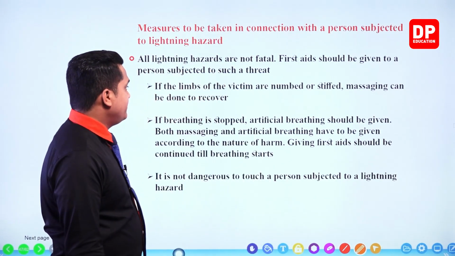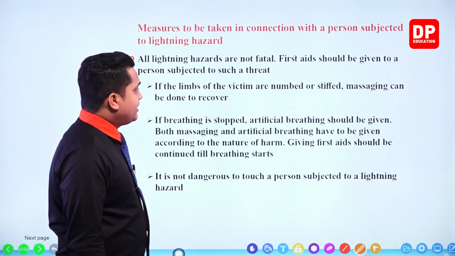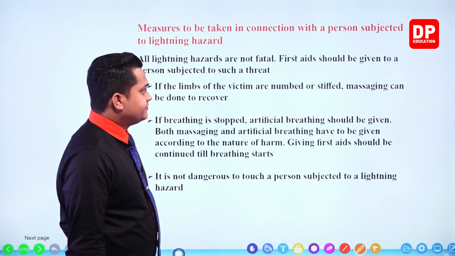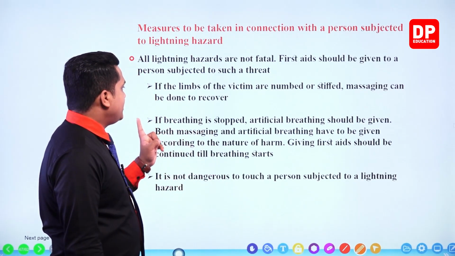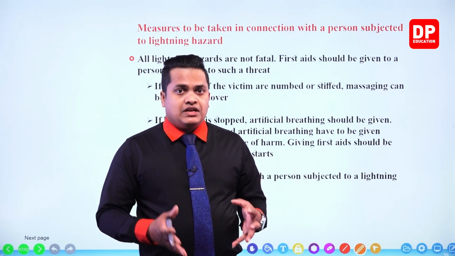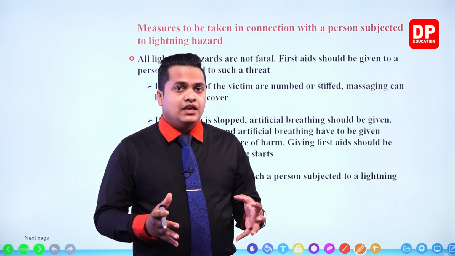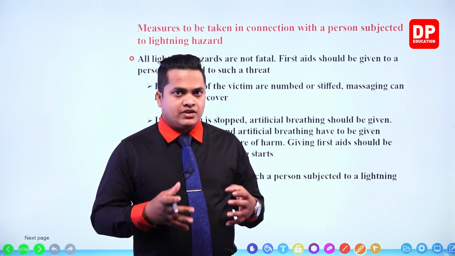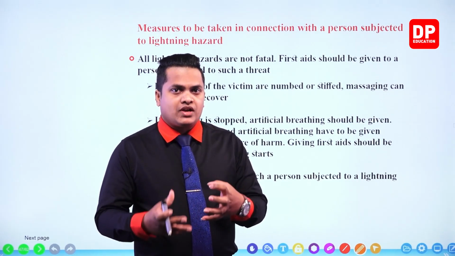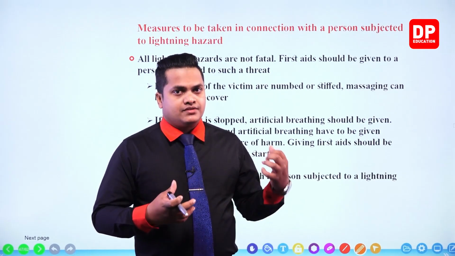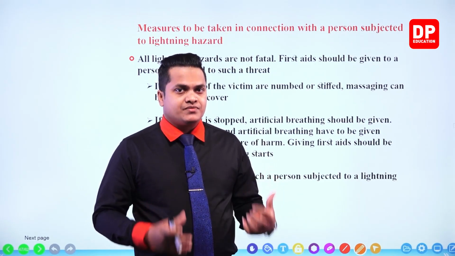So here it is given, if the limbs of the victim are numbed or stiffened, massaging can be done to recover. Upon having a lightning stroke, if the limbs are stiffened or numbed, then my dear children, we can massage them to recover, especially the limbs.